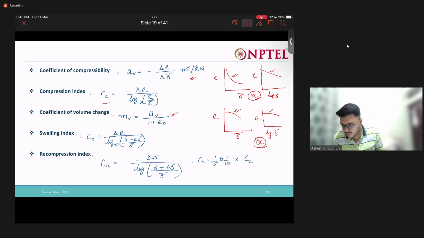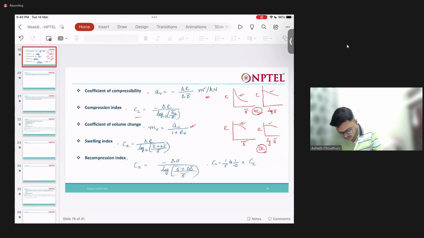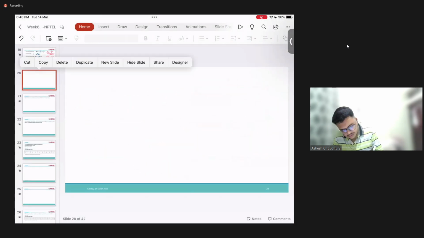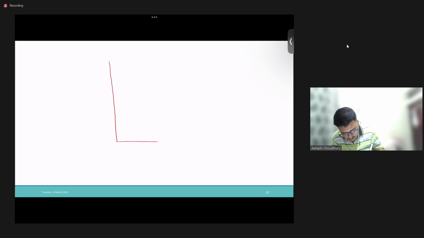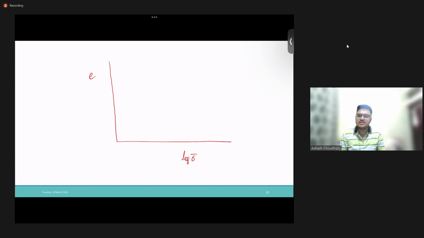One more thing I want to draw is the e versus log p graph, for a clay which is initially over consolidated and then gradually becomes normally consolidated.